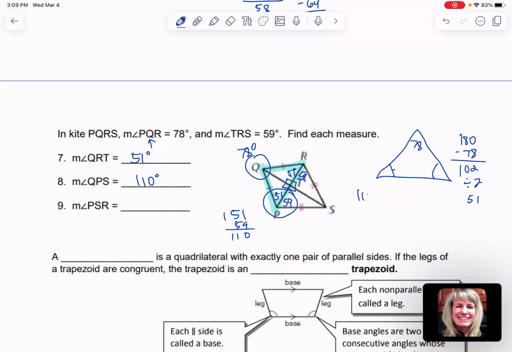So we've got 2 angles that are 110. We've got that one angle that's 78. And so those add up to be 298. When I subtract that from 360, I get 62 degrees, which means that each of these should have been 31 if I were to have calculated it using the angles inside those smaller triangles.